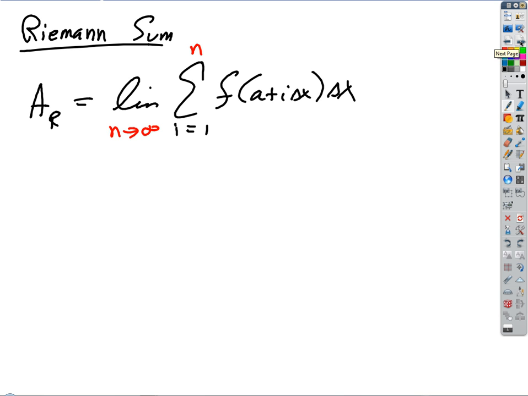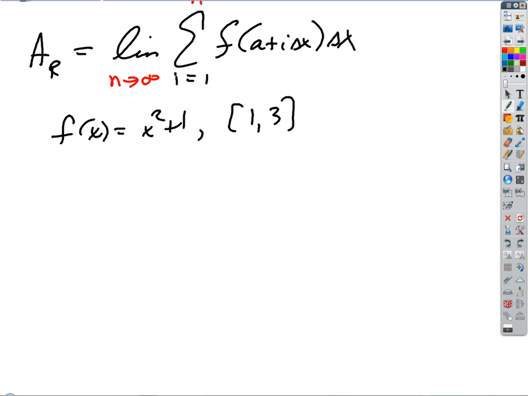Okay, so if we're doing f of x equals x squared plus 1, and we're on the interval from 1 to 3, then what's our delta x going to be this time? We know it's going to be vanishingly small. In order to fit the curve perfectly, they have to have a width that approaches 0.